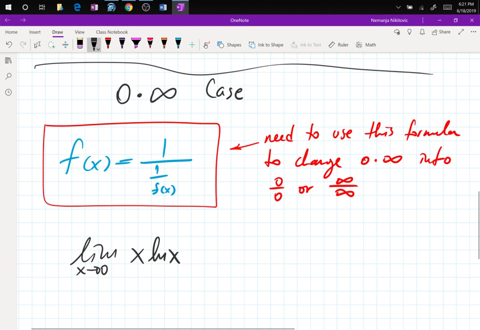And it's going to be from the right, obviously, because ln x does not have a domain on the left side of y axis. So what do you get when you plug in 0? You get 0. And what's ln of 0? Very good. It's negative infinity.